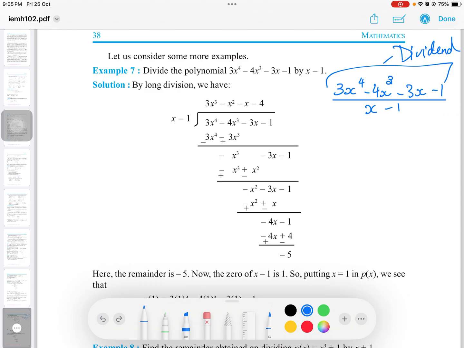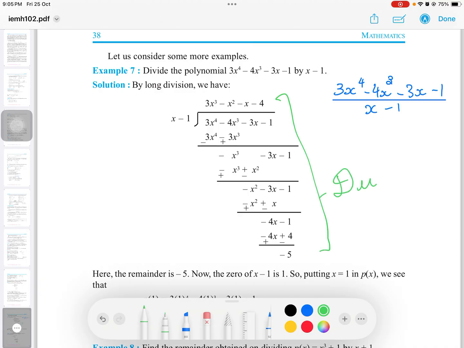Okay, now if you can do this whole process, it's called the division algorithm. Now this is exactly the same as how you would divide a number.